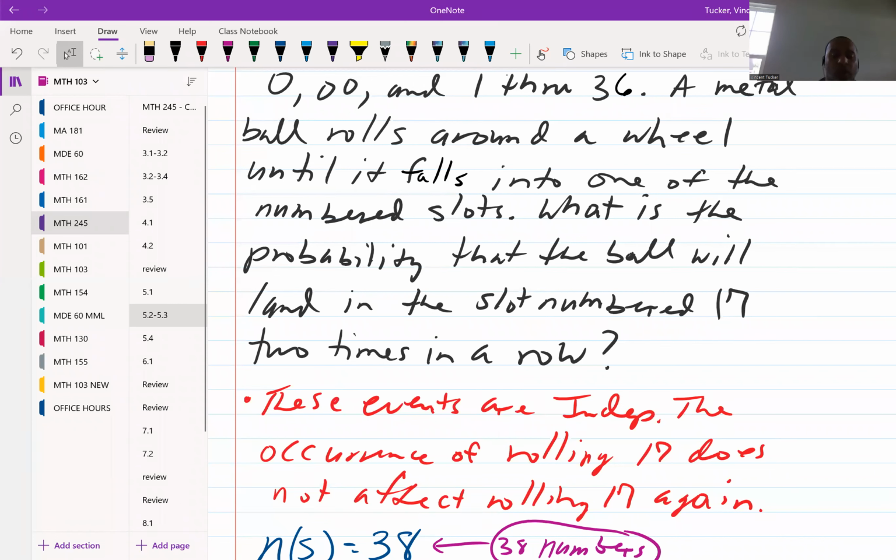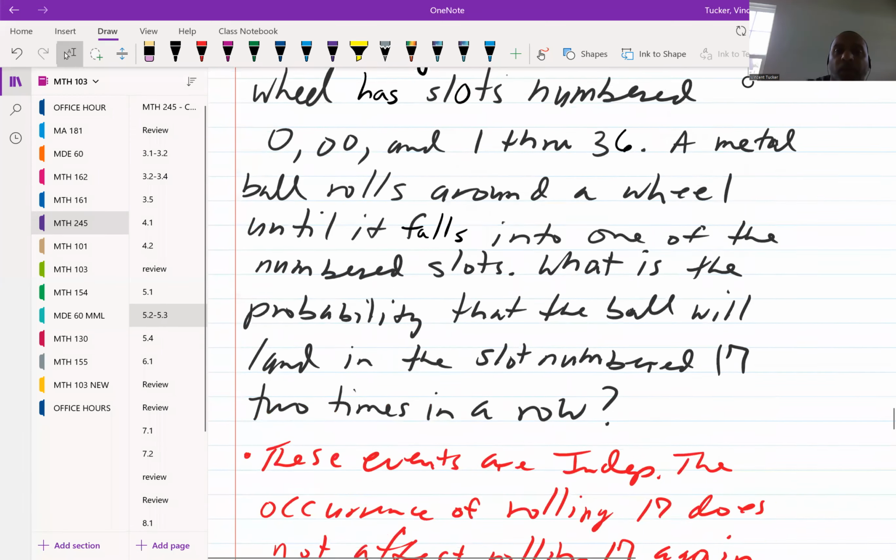So in other words, when I roll the ball and let's say it hits 17, we're not leaving the ball there. We're going to take it out and roll it again. There's not a block there to stop you from rolling 17 again or take away any of your other options. So the probability stays the same and the occurrence of rolling 17 is not affected by rolling 17 the first time.